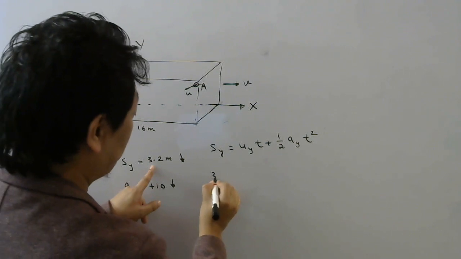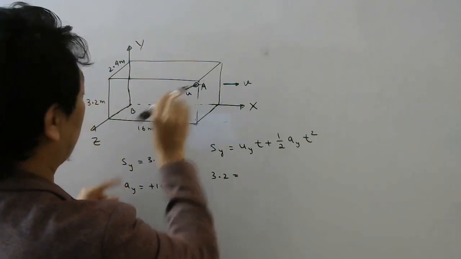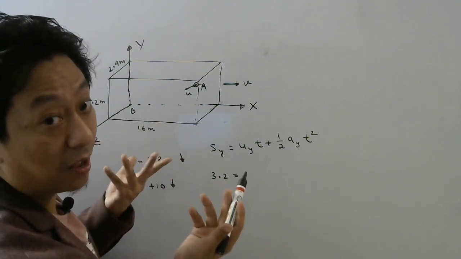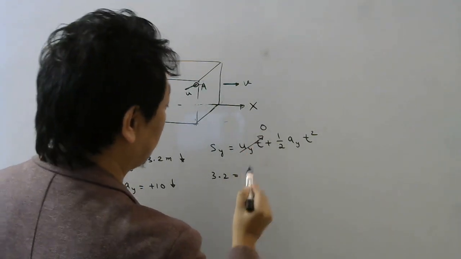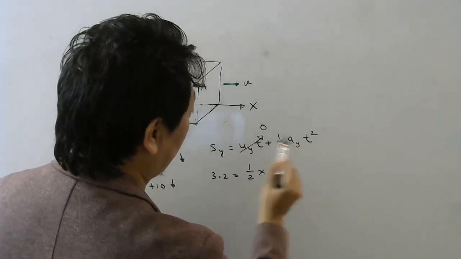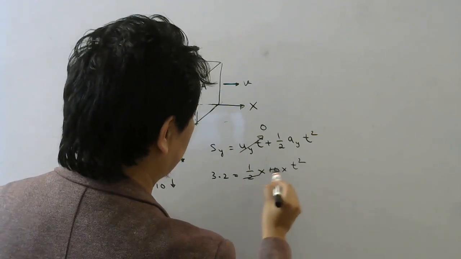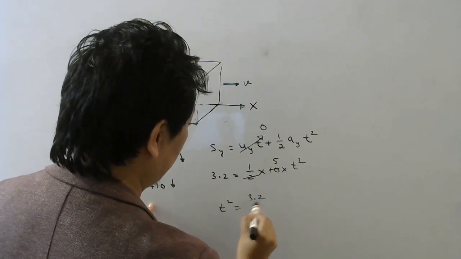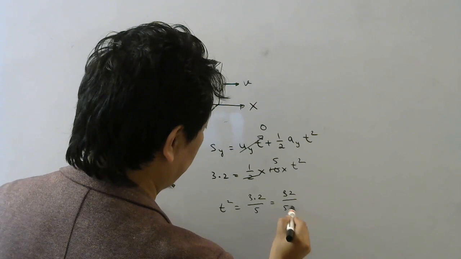This is 3.2. Now your initial velocity of the stone is parallel to z-axis, so a vector along z-axis will not have y component or x component. So this will be 0. Half, what is your ay? 10 into t square. So 2 5s are 10, so t square will be 3.2 divided by 5, which is 32 by 50.